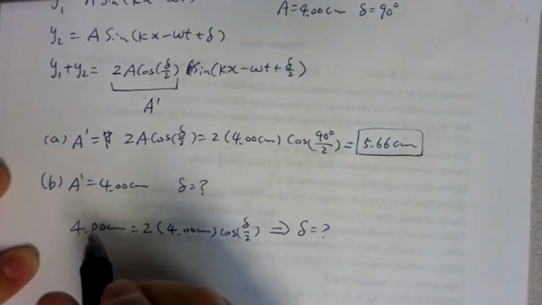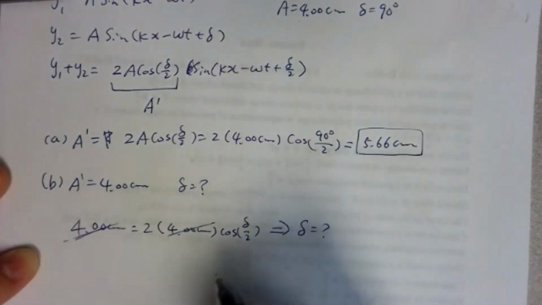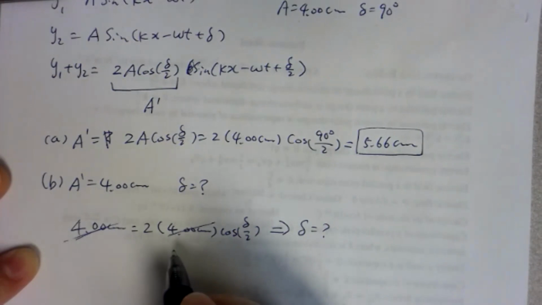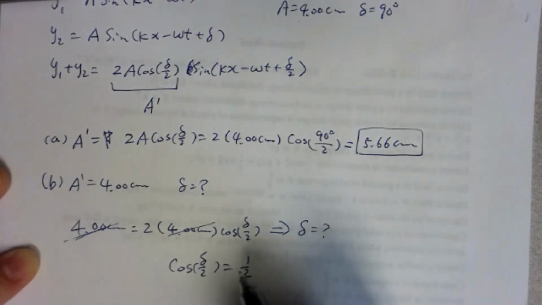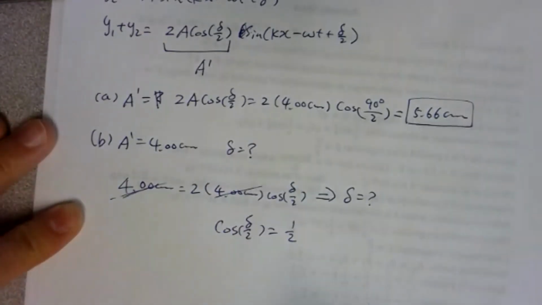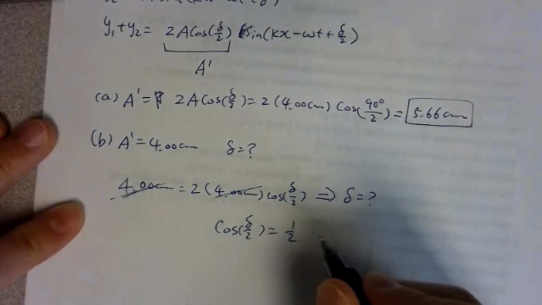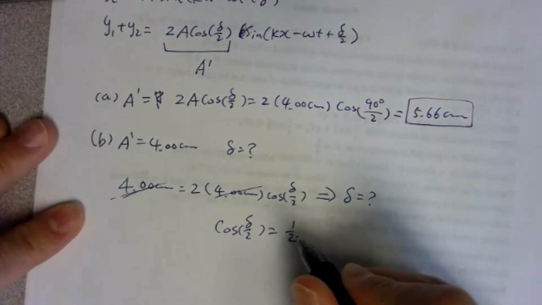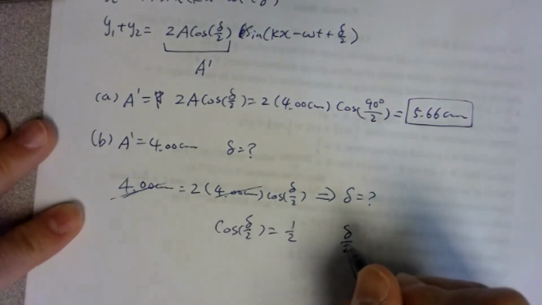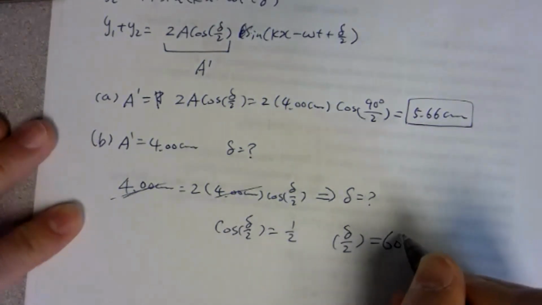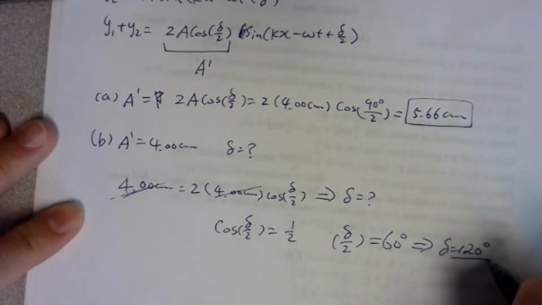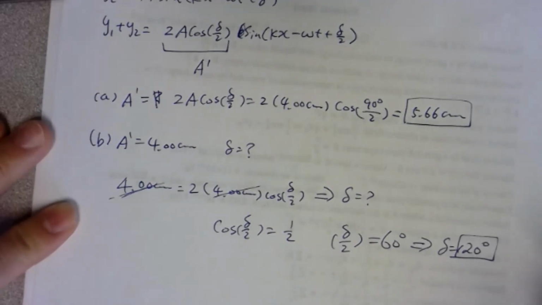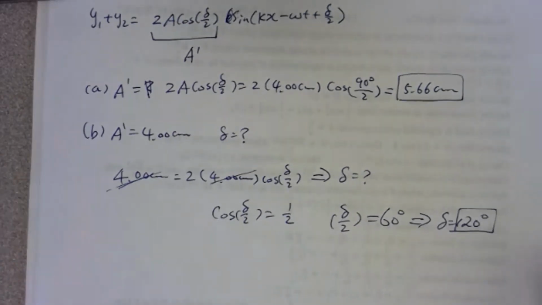The 4 and 4 cancel, so cosine of delta over 2 is equal to 1/2, because 2 times 1/2 is equal to 1. What angle has cosine equal to half? 60, right? So delta over 2 is equal to 60 degrees. That means delta is equal to 120 degrees, because 60 multiplied by 2 is 120.